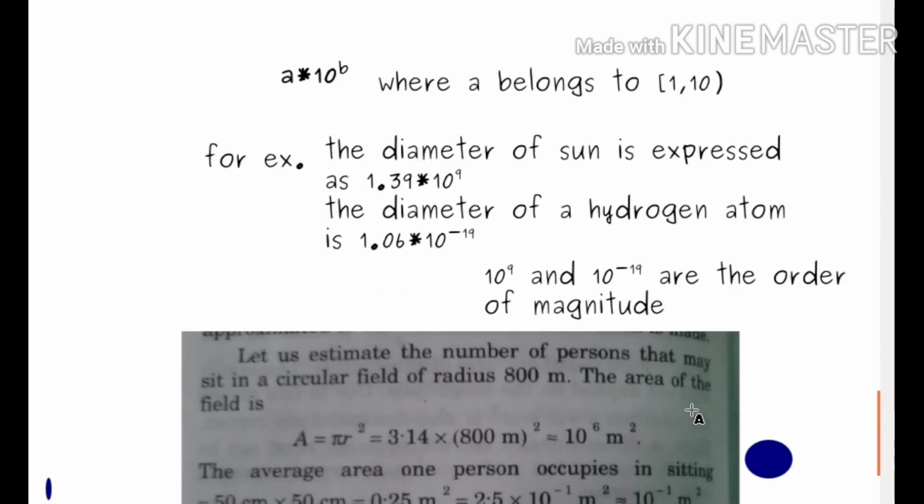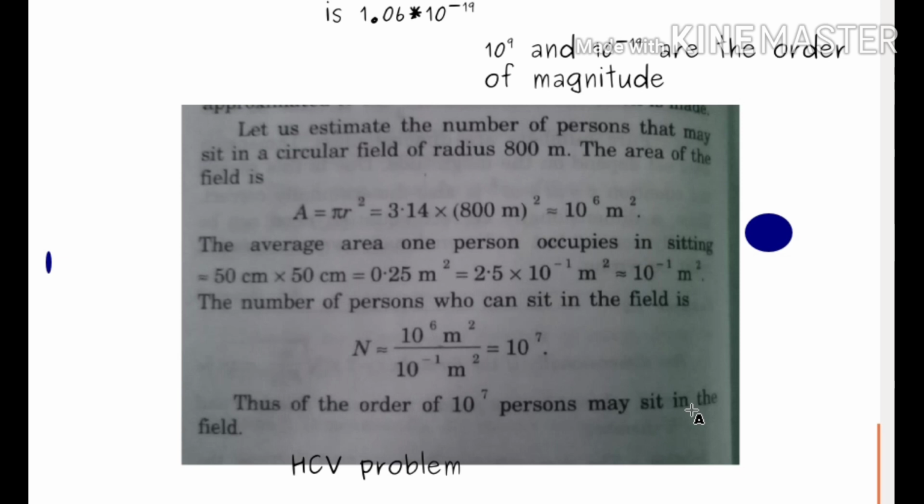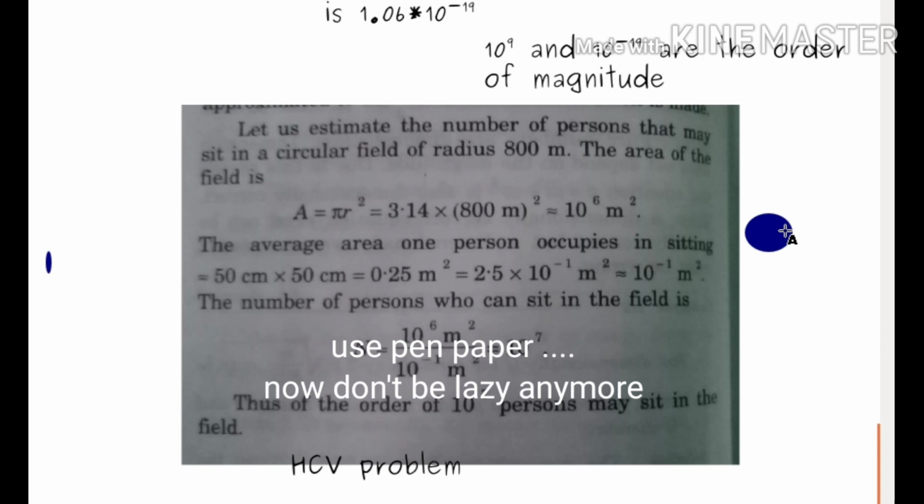Now I took a very important problem from HC Verma just to understand this order of magnitude. We have to estimate the number of persons sitting in a circular field. We can see this is the circle and inside it a lot of persons are sitting, because its radius is 800 meter.